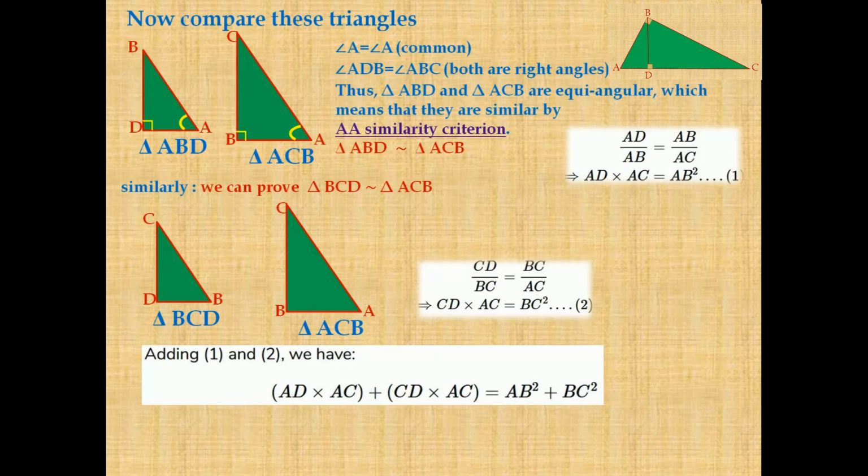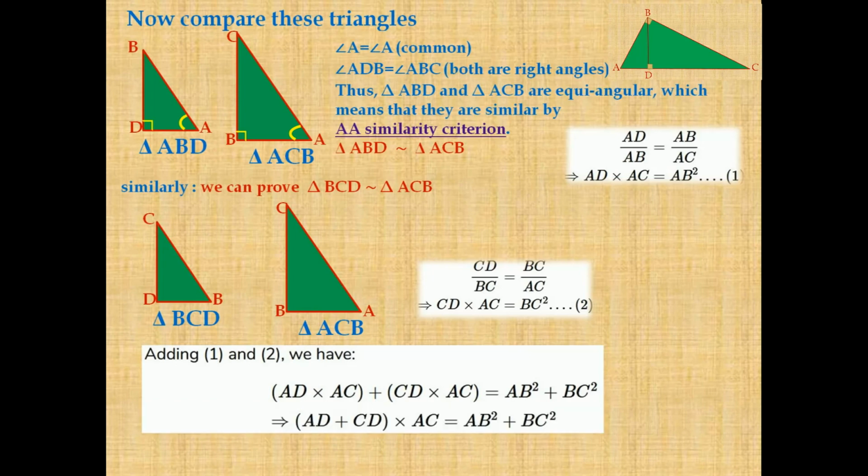Look here, AD into AC plus CD into AC is equal to AB square plus BC square. But in both AD into AC plus CD into AC, AC is common. So, in these two, AC is common. Therefore, AD plus CD into AC is equal to AB square plus BC square.